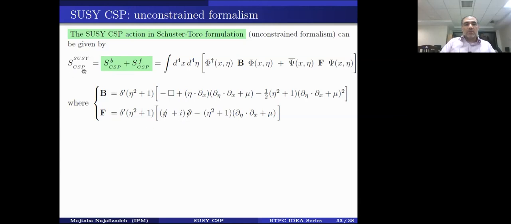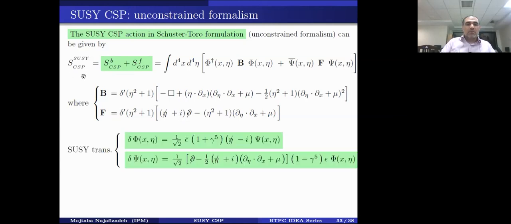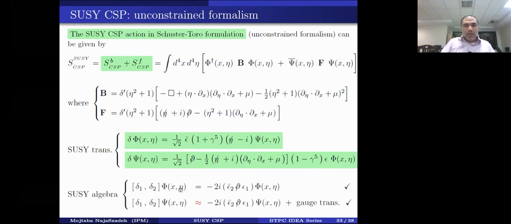For this SUSY CSP action, we found that it is invariant under these SUSY transformations, where epsilon is a SUSY parameter. And we showed that the algebra can be closed on shell. This means that we use the fermionic equation of motion, up to a gauge transformation.